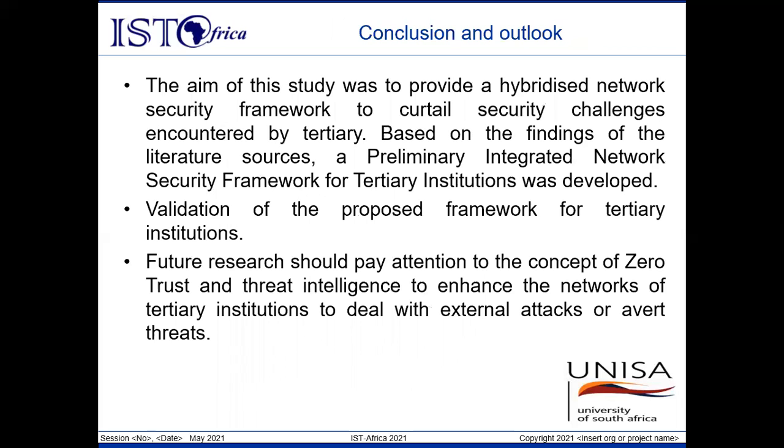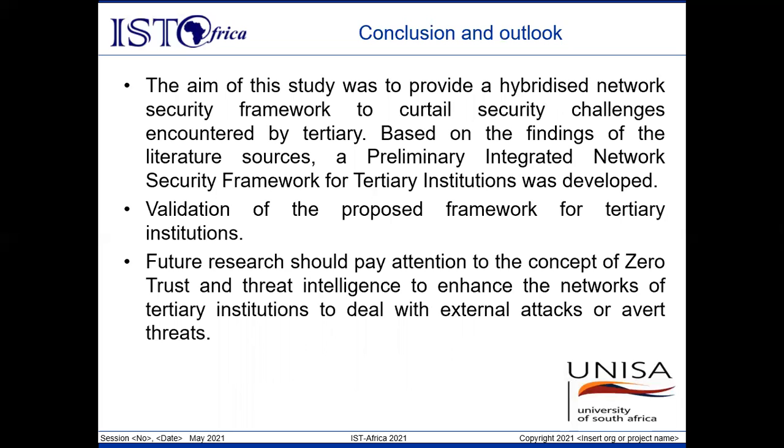Let me go ahead and look at the conclusion. The aim of this paper was to provide an integrated network security framework to curtail security challenges encountered by tertiary institutions.